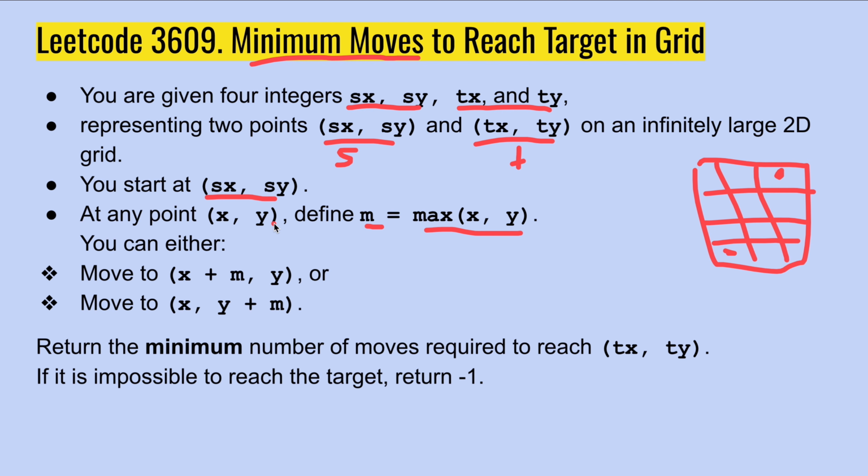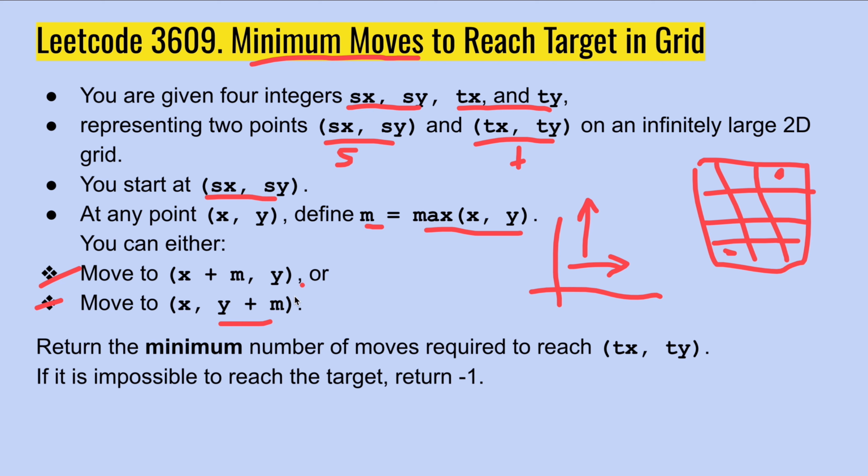At any point with x and y, you can move in either this direction or this direction. If x increases, which direction does it go? The horizontal direction. And if we increase y, it goes in this direction.